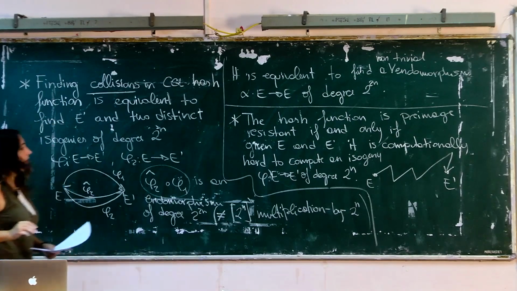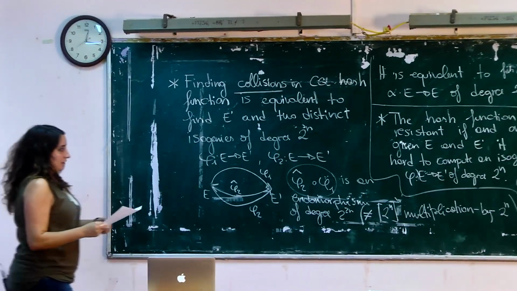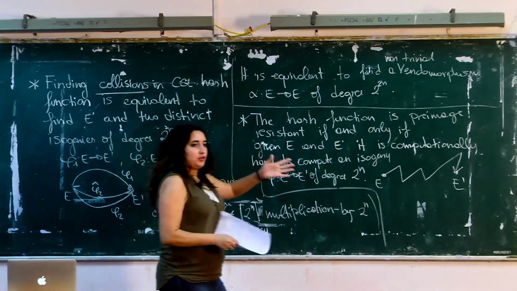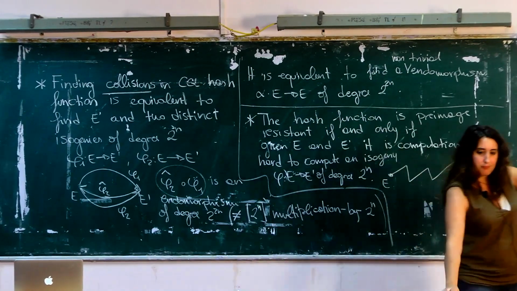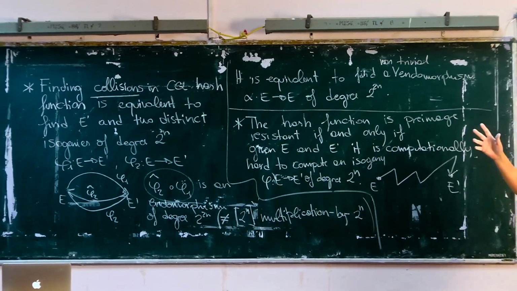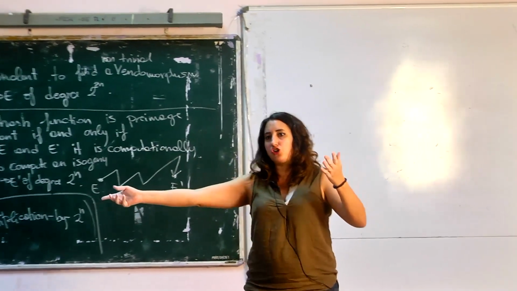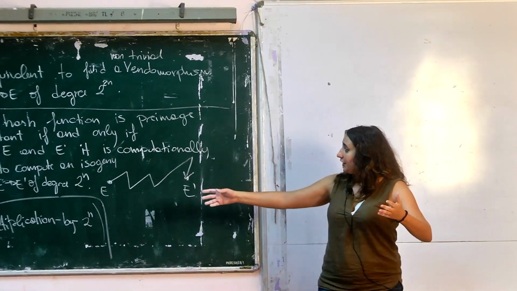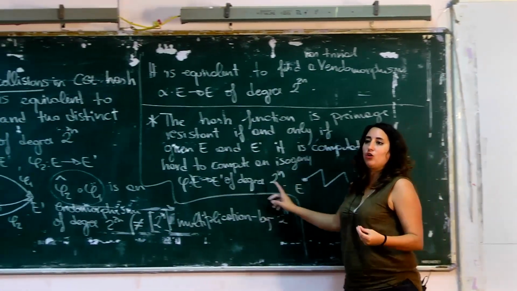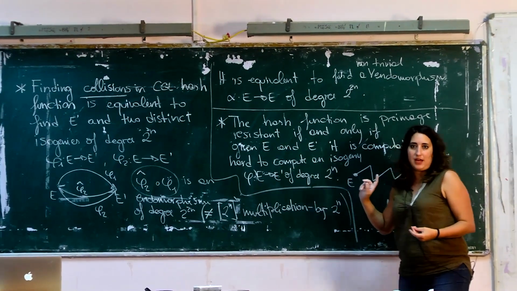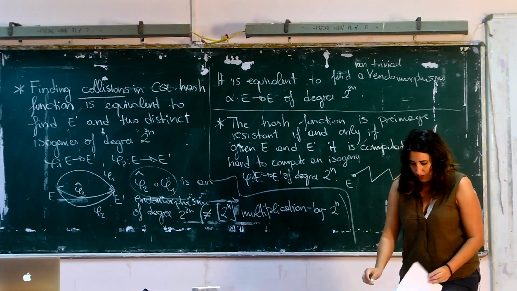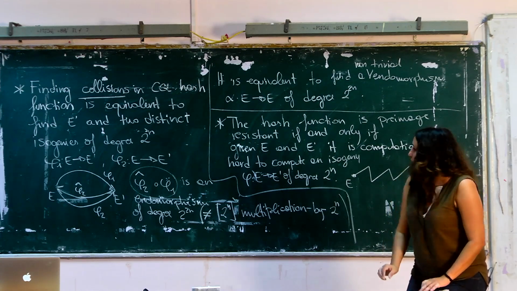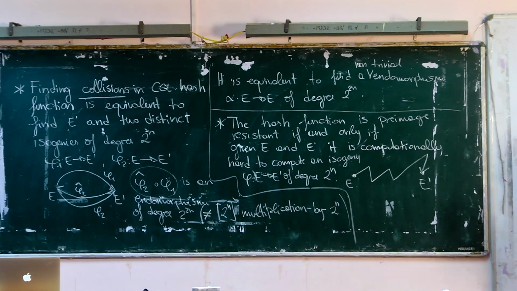So this is our problem. At the beginning I told you isogeny-based cryptography is based on the problem of, given two elliptic curves, computing an isogeny between them. Here we have some additional information because we know the degree of the isogeny. Okay, so this is all I wanted to write on the board.